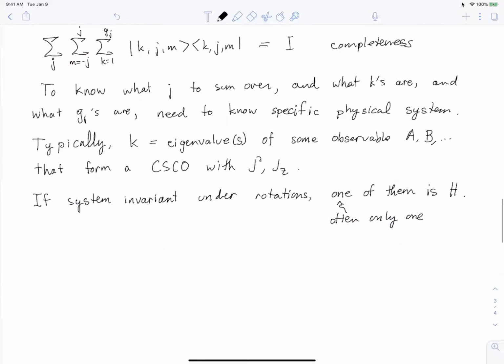And so that's saying if you know the energy and the total angular momentum and the z component of the angular momentum, then you know everything there is to know about the state.